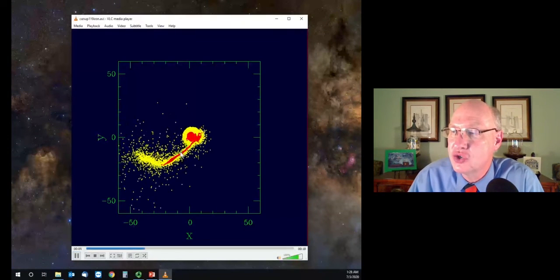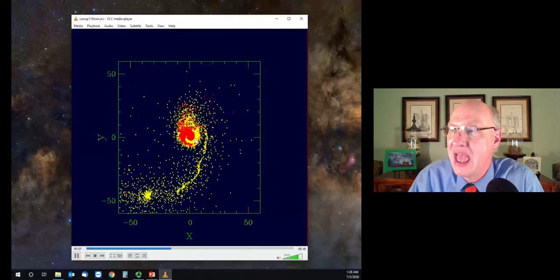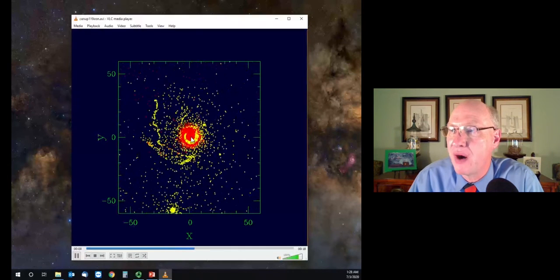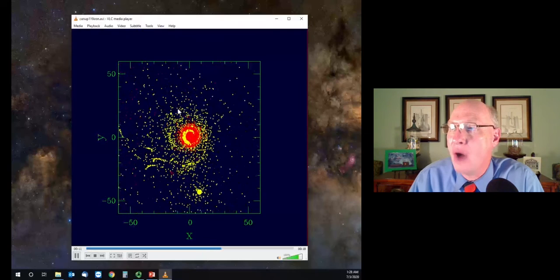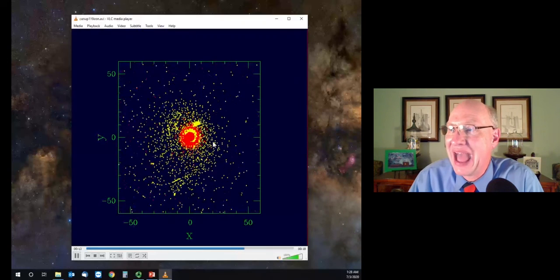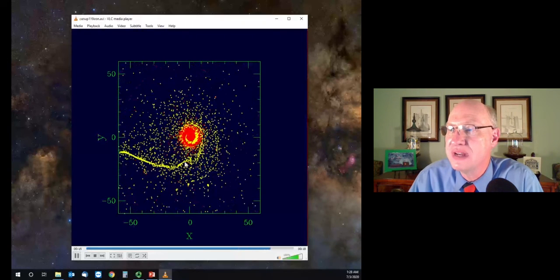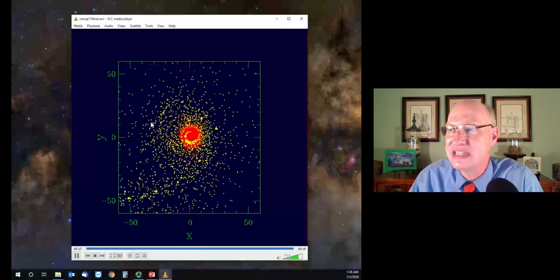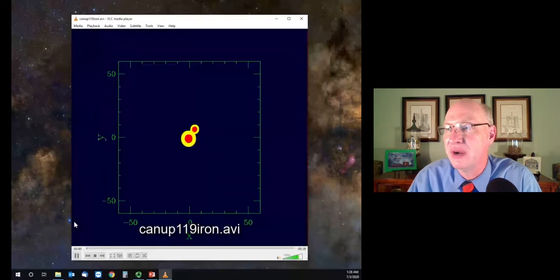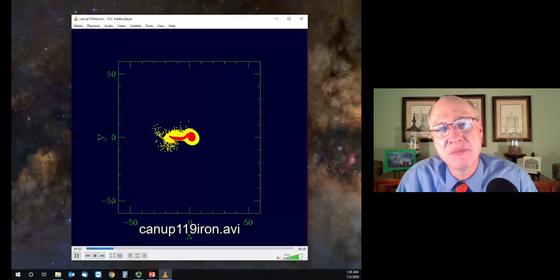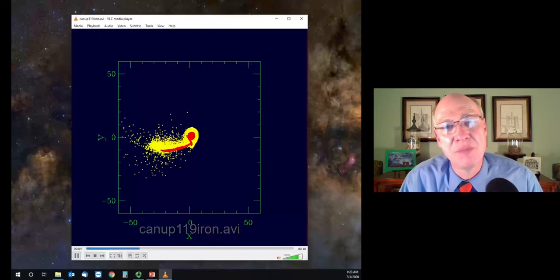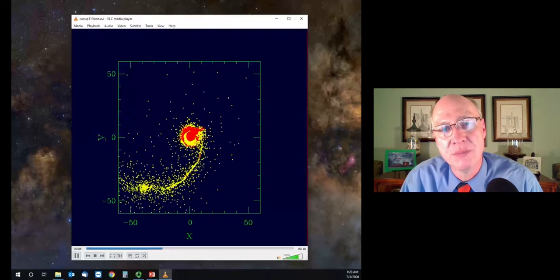The heavy, dense core of that Mars-sized body crashes down to the Earth and becomes part of the Earth's core. The outer layers of the Mars-sized body and the outer layers of the Earth are blown off into space, and they form this disk of debris around the Earth. And that disk of debris, gravity eventually pulls it back together, and it forms the moon.